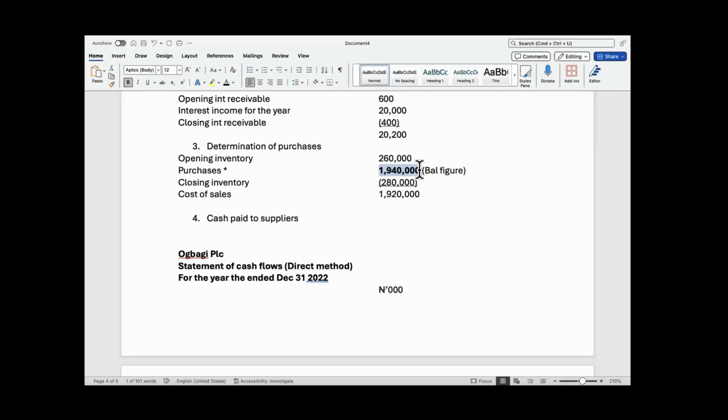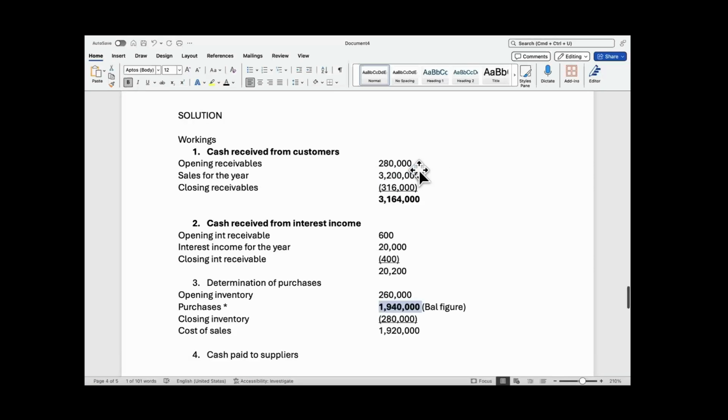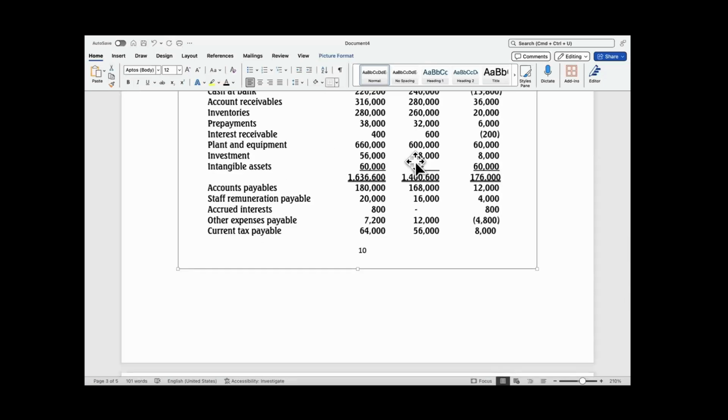So let's check it. In my statement of financial position, do I have trade payables? Yes, I do. There's an account payables here below. And the simple way is I have 12 here. That means, and it is an increase because in previous year it was 168. It increased by 12 to 180. That means this year I'm owing only 12.